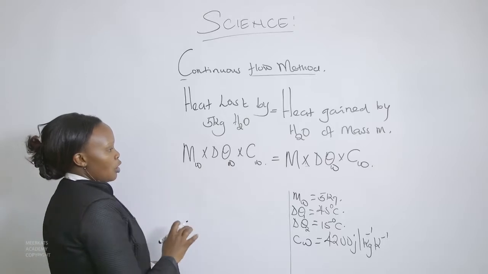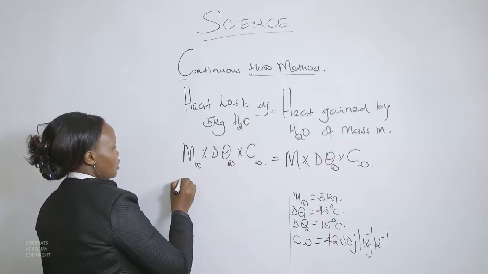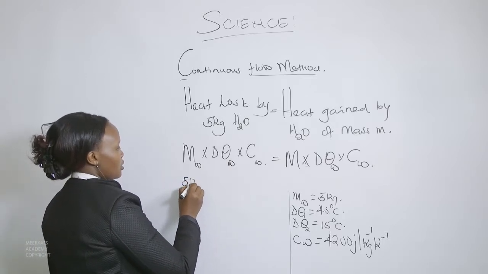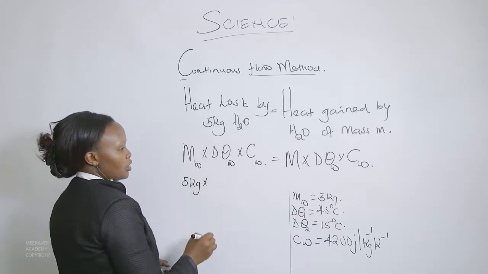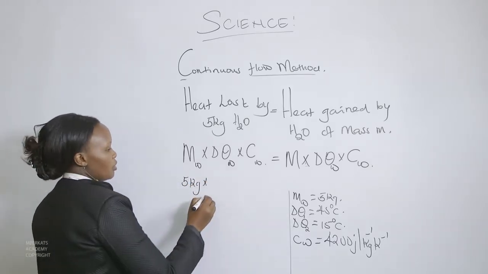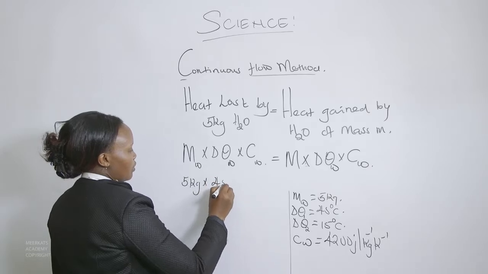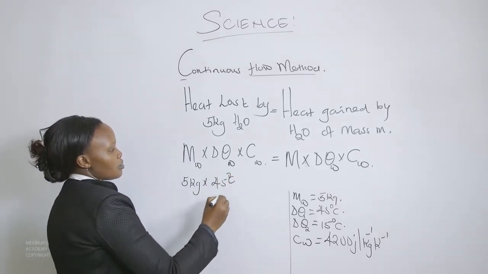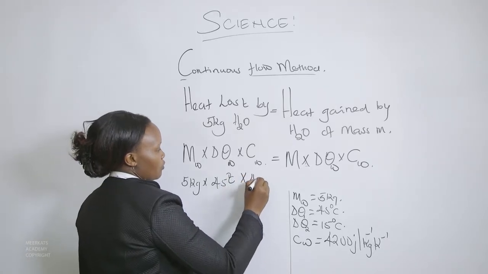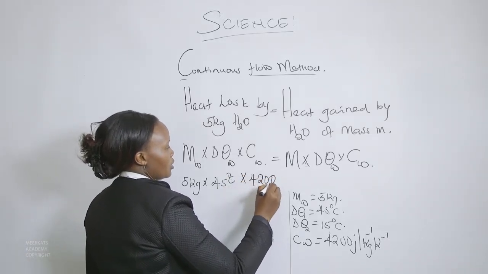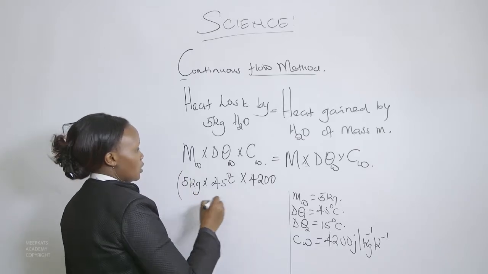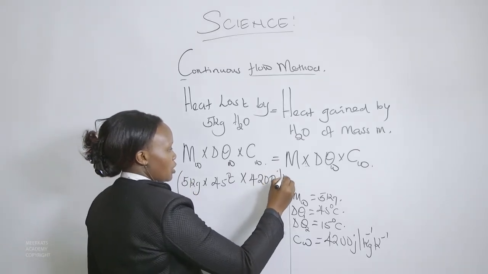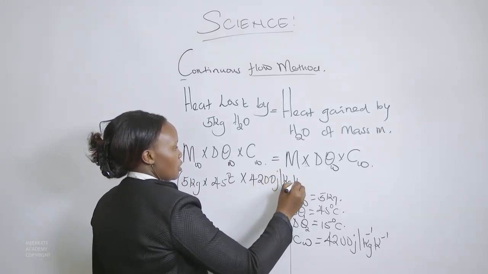The mass of our water in the basin initially was 5 kgs. It is supposed to change its temperature by 45 degrees Celsius, and its specific heat capacity is 4200 joules per kilogram Kelvin.